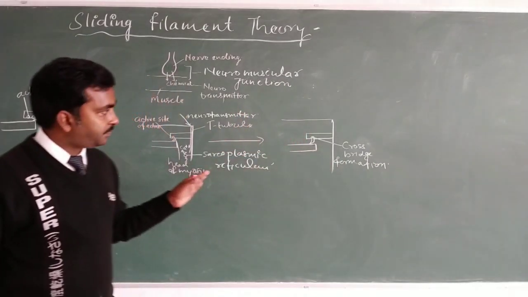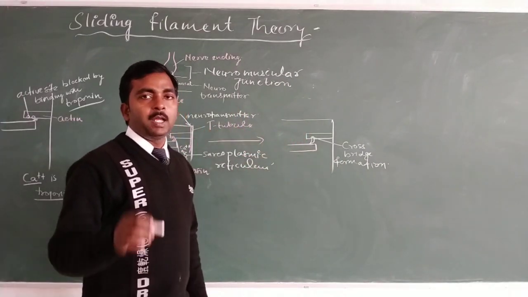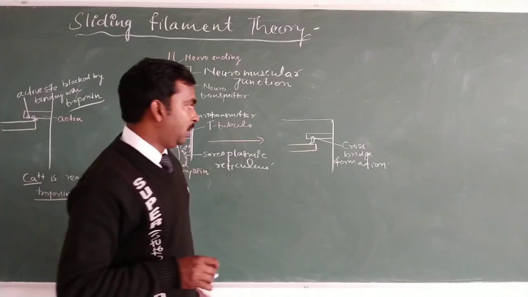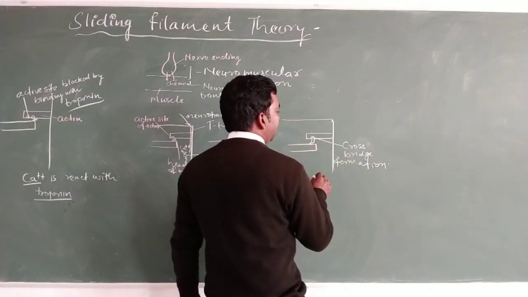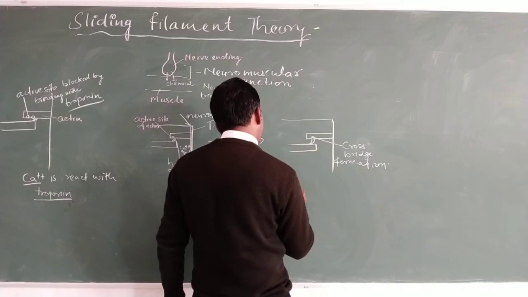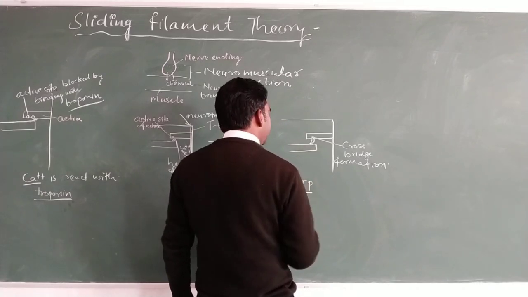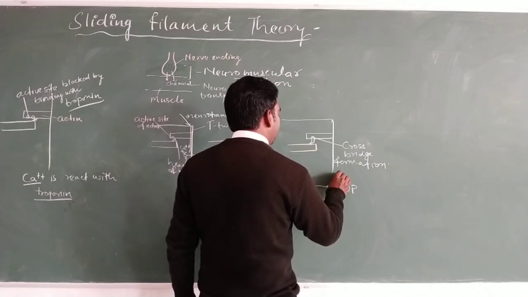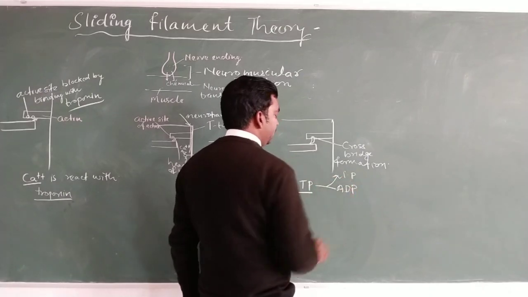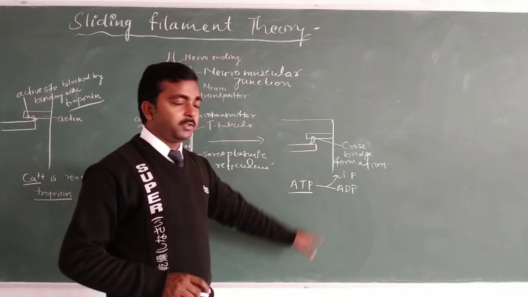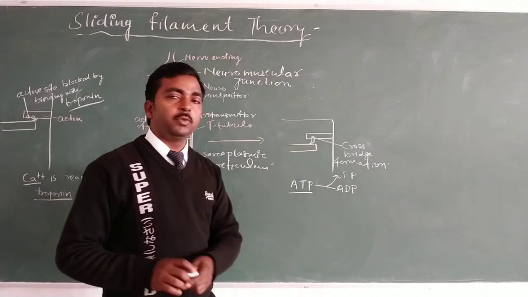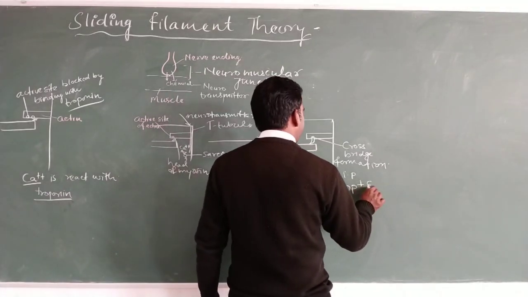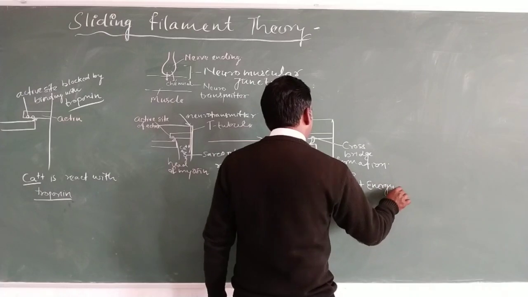The formation of the cross bridge takes place with the help of ATP. In this state, the ATP gets converted into ADP, and inorganic phosphate is released. During the conversion of ATP into ADP and inorganic phosphate, energy is also released.